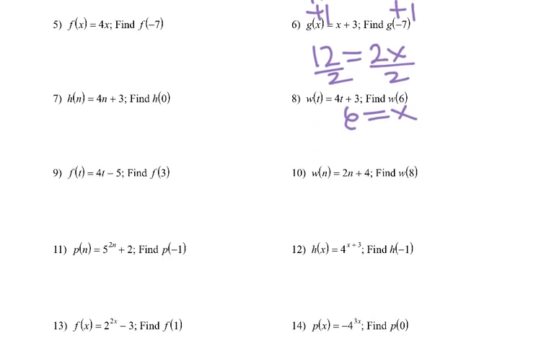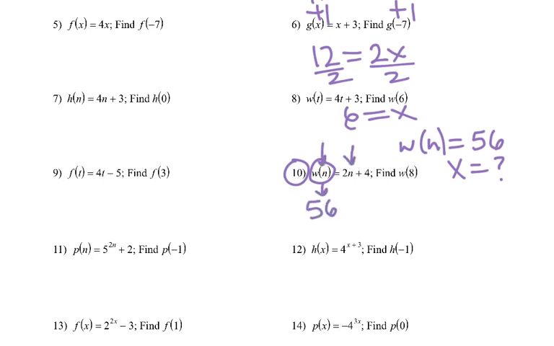Okay, so like number 10, if I said w of n equals 56, what is n going to equal? Well, w of n becomes 56. Normally, we replace the input, but now I'm replacing the output and solving for the input. So that's n, not x.